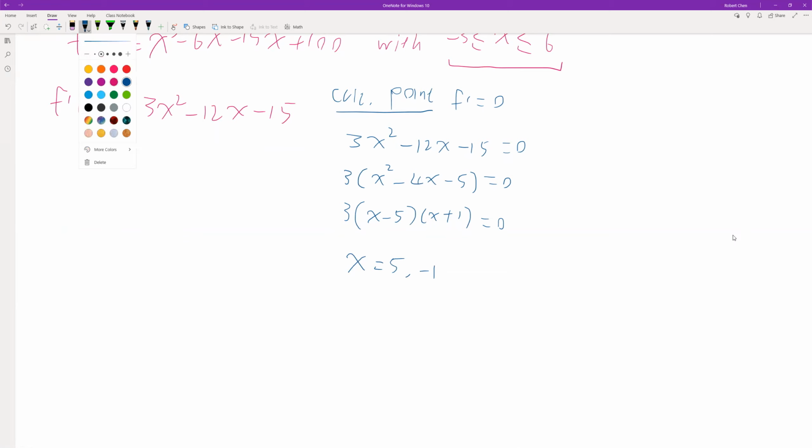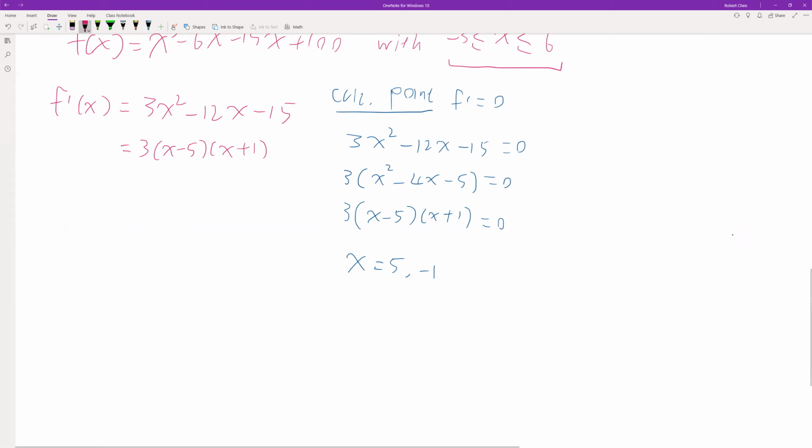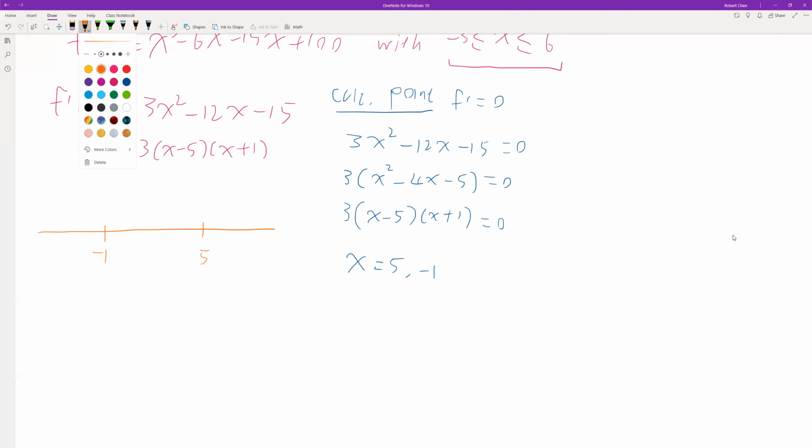Furthermore, we can rewrite f prime as 3 times (x minus 5) times (x plus 1), which will help us determine whether these are local max or min. All right, let's do that. So I have -1 and 5, where f prime is 0.